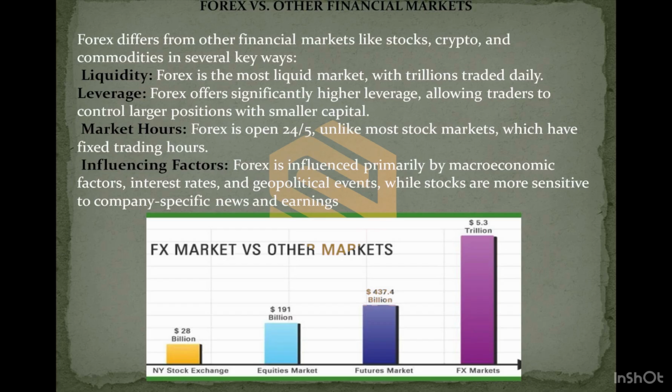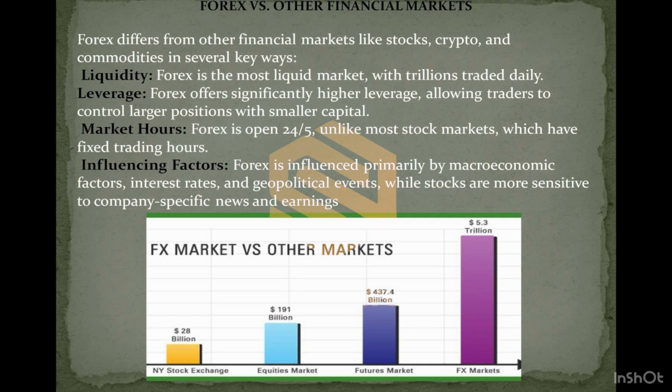Those things affect the currency, and it will reflect in the forex market. If a country is going through a war, it will affect their currency. So everything that happens in the forex market, guys, is tied to the economic value of a country.